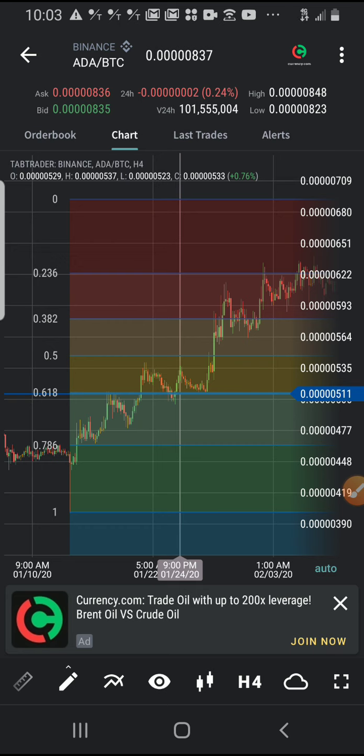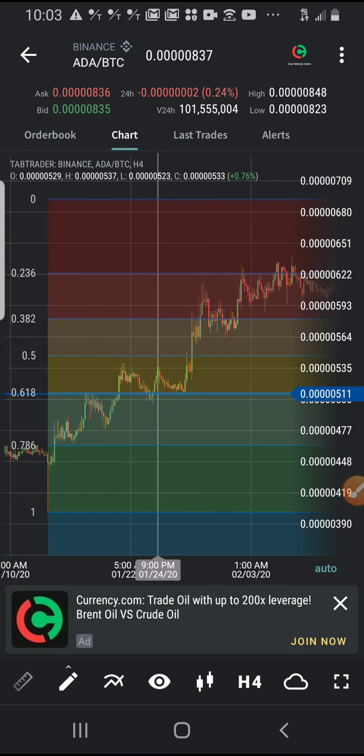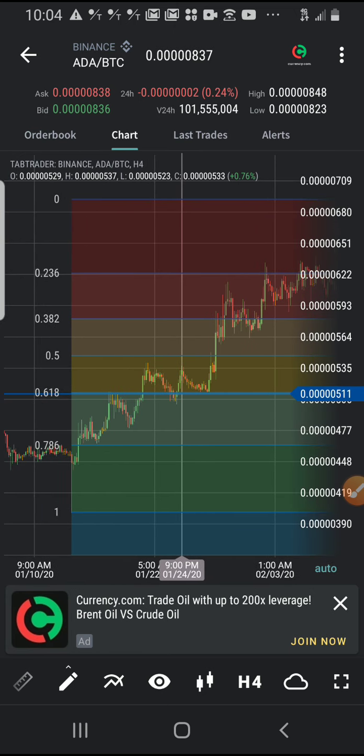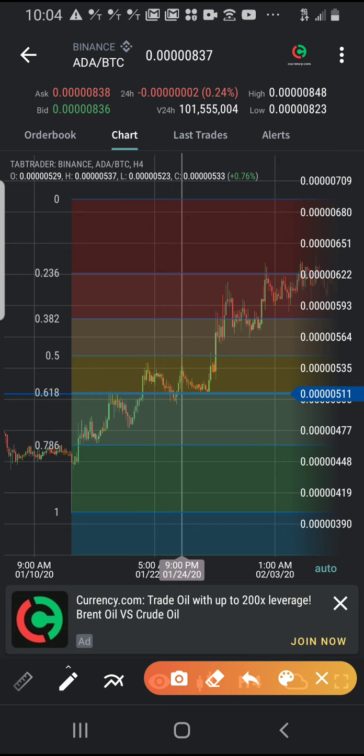Now let's begin. We moved from 1, which is the lowest, up to 0, which is somewhere around 692. And what happened is that we moved from here to here, and we dropped a bit to this place. So we've had the first support at 0.786.